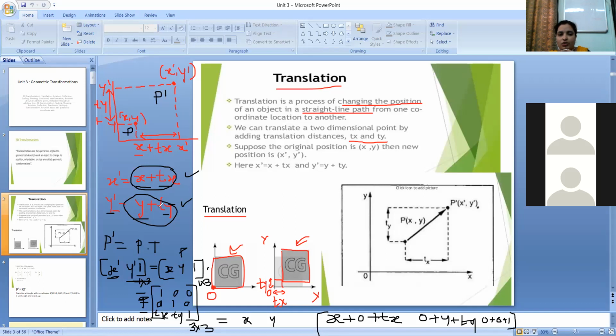In translation, addition was happening here, and I have converted it into matrix multiplication. Because when solving examples, matrix multiplication will give the same results, since all the operations from here onwards we are going to calculate by matrix multiplication only. So translation also we have converted into a matrix multiplication to get the same results. We are not changing the definition of translation. After multiplication I am not changing x and y; I am adding tx to x and ty to y. But for all operations on two-dimensional objects, we will carry out the operations with matrix multiplication. So I have written this T matrix for it. Getting it?